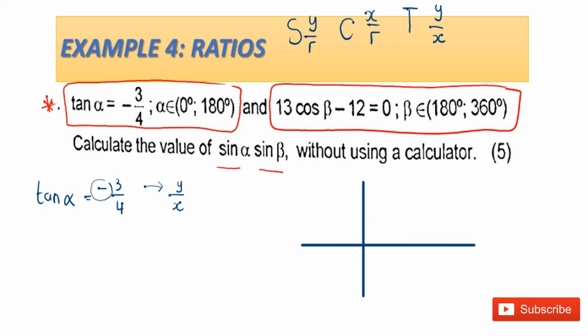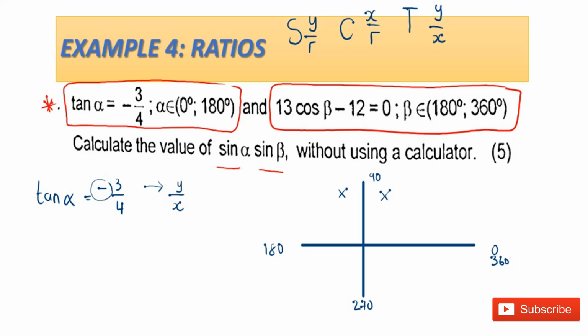Okay, and we're given restrictions. We are told that we're working from 0 to 180, right? So if this is your 0, this is 90 degrees, this is 180 degrees, this is 270 degrees, this is 360 degrees, right? And you are focusing on this quadrant and that quadrant because we're working from 0 to 180 degrees, right?